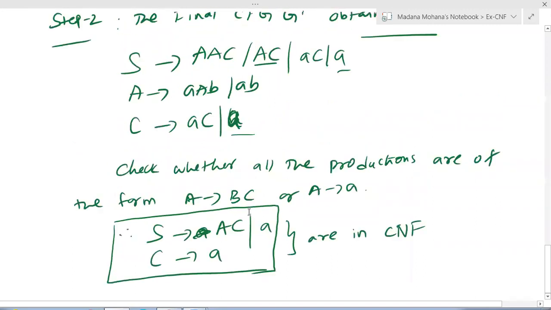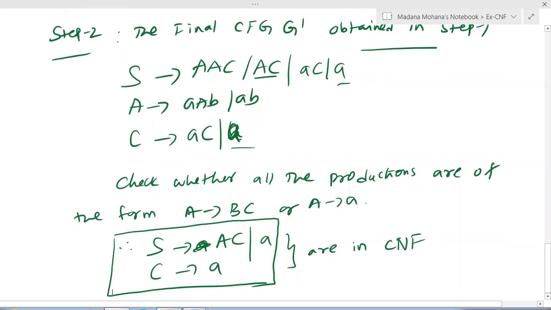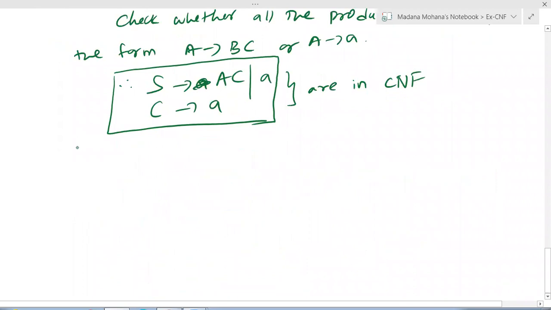So now take the other productions. S derives AAC, S derives terminal A variable C. Take them one by one, apply step 3. So now let us consider, we are moving to step 3.